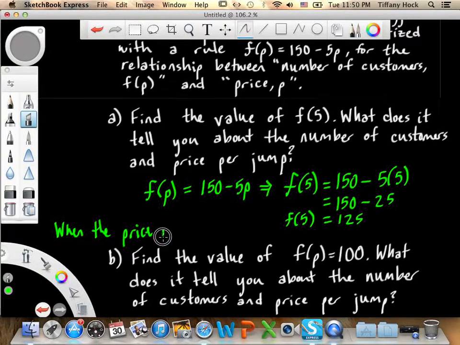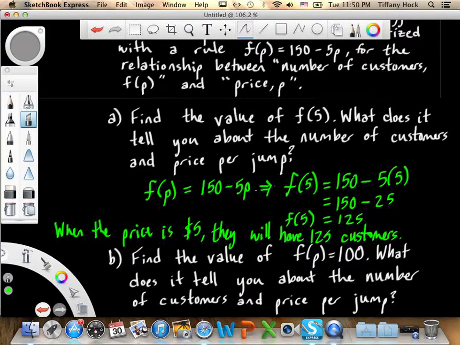So when the price is $5, they will have 125 customers. Okay, so that's what we figured out, that when we charge $5, f of 5, and remember f of p was the number of customers, so f of 5 is the number of customers when we charge $5, and that will be 125 customers.